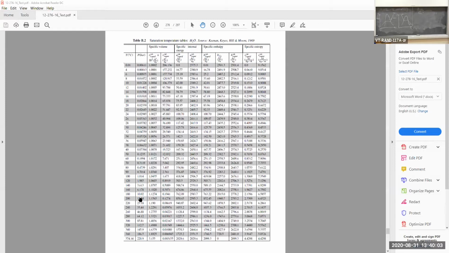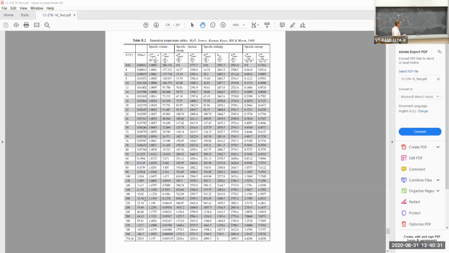At 200 degrees C, the boiling pressure is 15.54 bar. This is in bar. Okay.